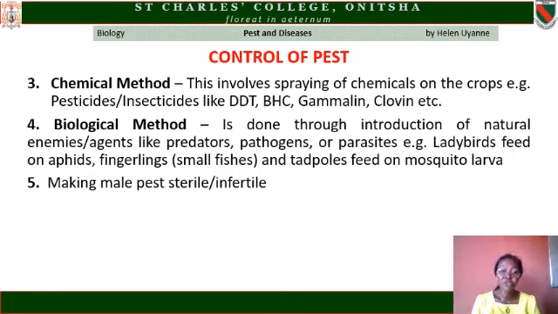Then we have the fourth one, which is the biological method. This biological method involves the introduction of natural enemies like predators, using predators against the prey. For example, ladybirds feed on aphids, or using fingerlings.